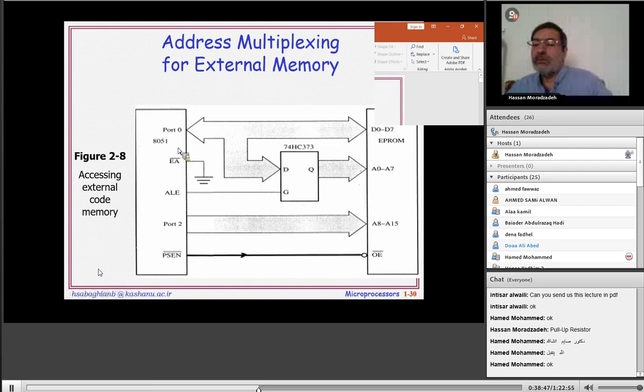And these 8 lines are the data bus. I will come back to this later.